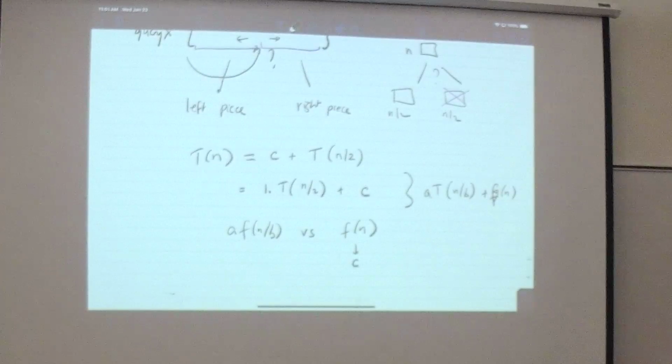This is c. This is c. They're both the same, right? Because a is 1 in this case. And so the answer is going to be f(n) log n, which is equal to log n. And so binary search takes log n.